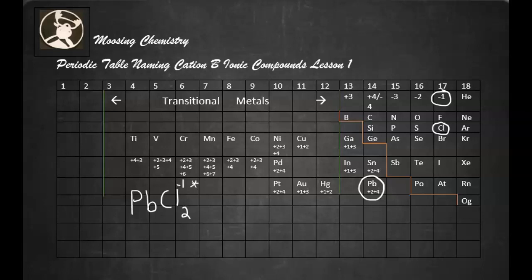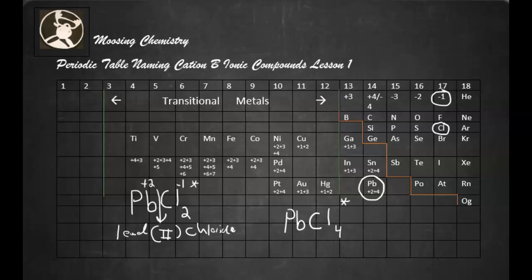So the anion determines the cation. The cation determines the stock number. So you're going to have lead(II) chloride. Wow, okay. Let's look at PbCl4. We're going to put a little asterisk up here to remind us that we're using the stock system.